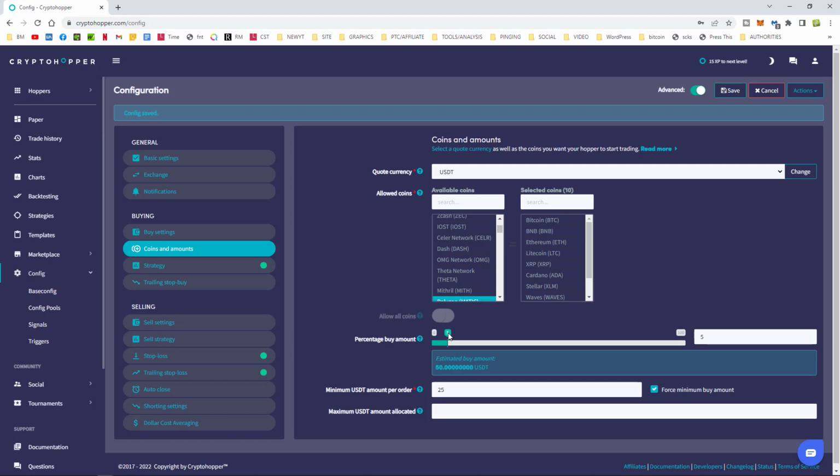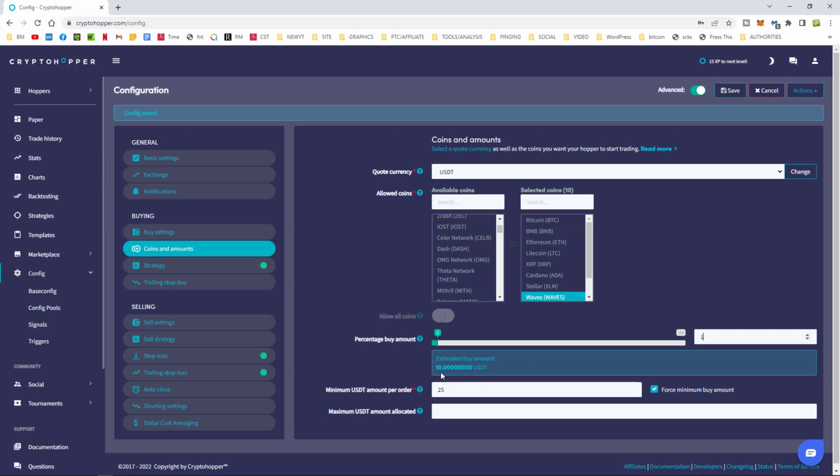Tradingview doesn't know how much it's going to buy, doesn't control how much it's going to buy. It could be $10, it could be $10 million. So inside your Cryptohopper is where you control how much it spends on the Bitcoin purchase.